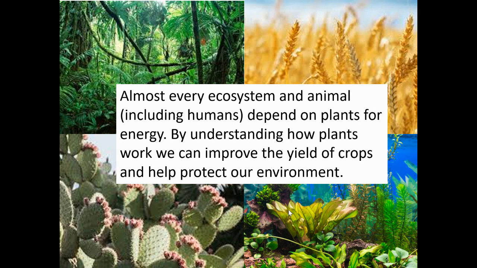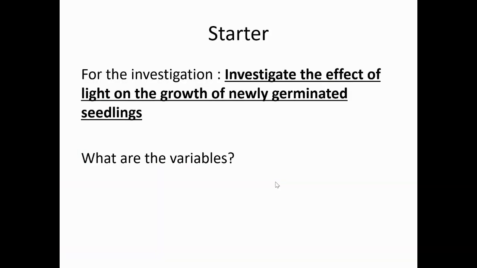Plants are called producers, and this is because they are setting off the food chain, really, because they are able to start it off with the energy. Also, we rely on plants for crops. Even if you're a meat eater, your meat requires plants too. By understanding plants, we're able to help protect the environment, which we are obviously definitely part of, even if it doesn't feel like it when we live in a city.